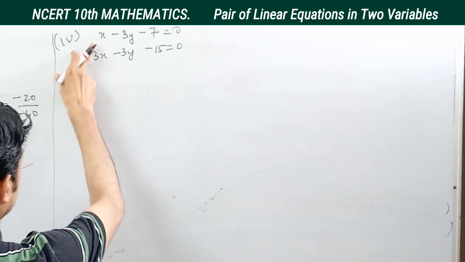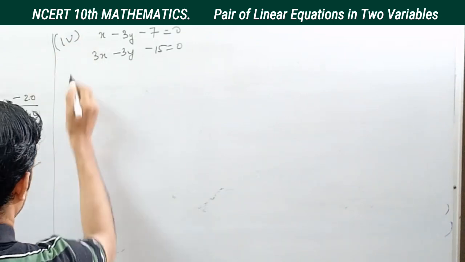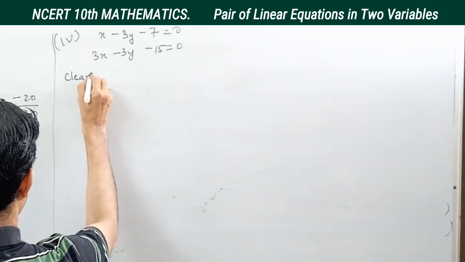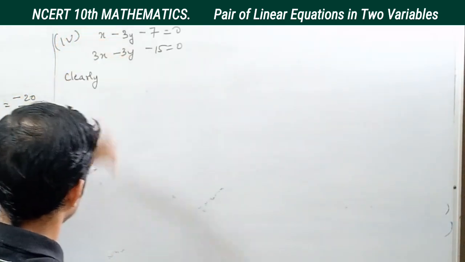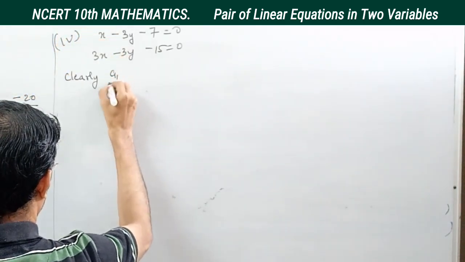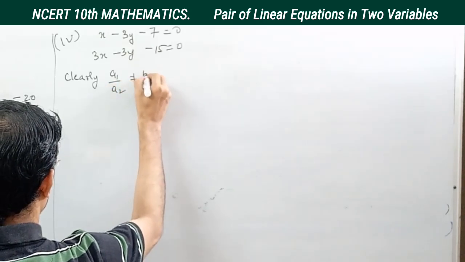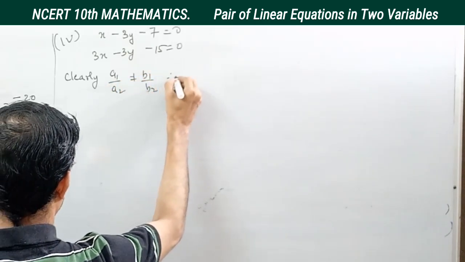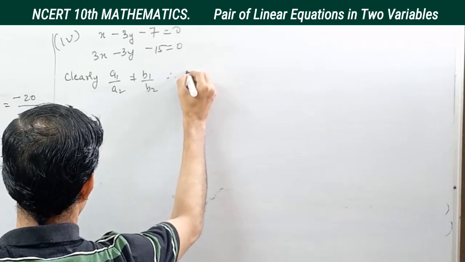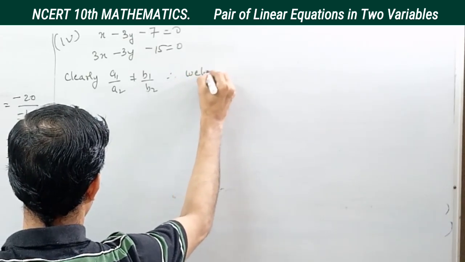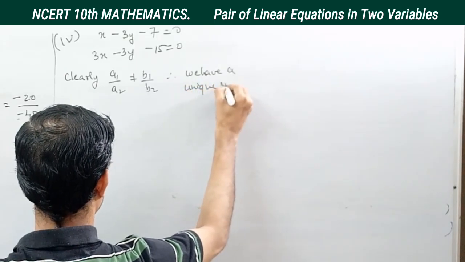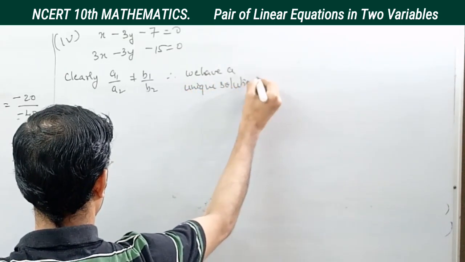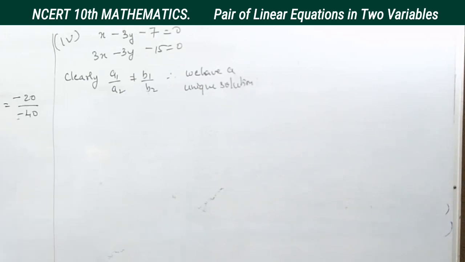Clearly this is a1, this is a2, this is b1, this is b2. So a1 by a2 not equal to b1 by b2. Therefore, a unique solution exists.